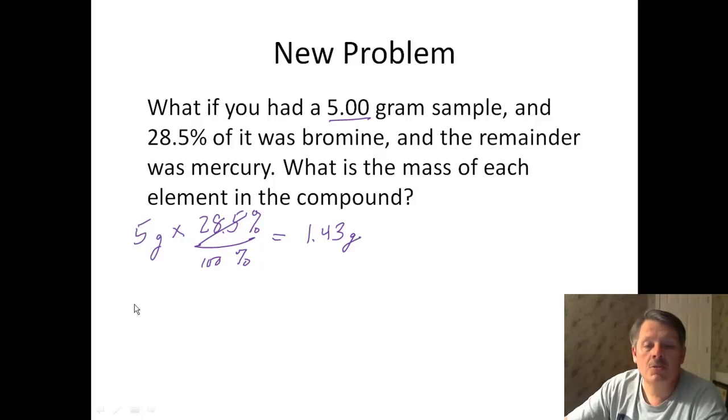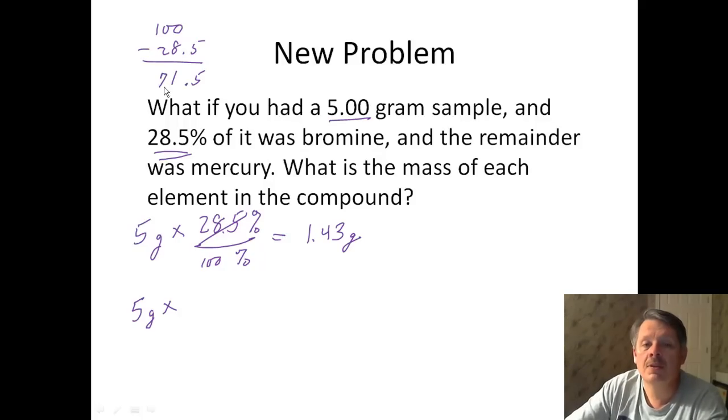So let's try the other one. We have 5 grams, and we're going to multiply it by whatever's left from 28.5. So 100 minus 28.5 gives me 71.5%. If I multiply by 0.715, notice I'm just too lazy to divide by 100 every time, I can do that in my head.